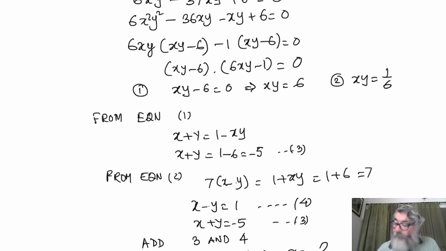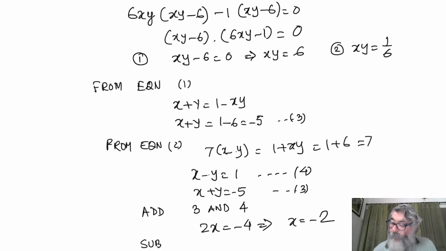Subtract 4 from 3. When you subtract that, minus minus will cancel, and 2y will become minus 6, or y will become minus 3.